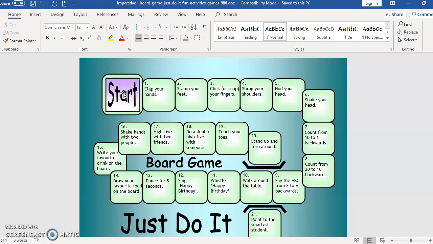You throw the dice, whatever your dice tells you, you go, let's say 3, 1, 2, 3, click or snap your fingers. Can you hear that? That's what you have to do. It's a bit of fun, and it teaches you a lot of vocabulary and also imperative sentences. Okay?